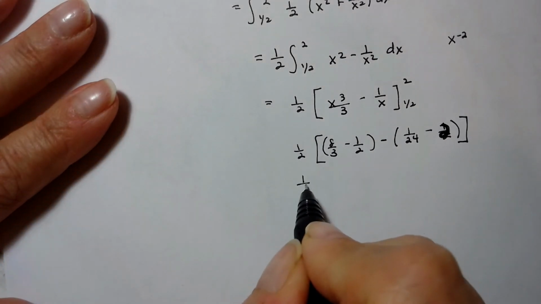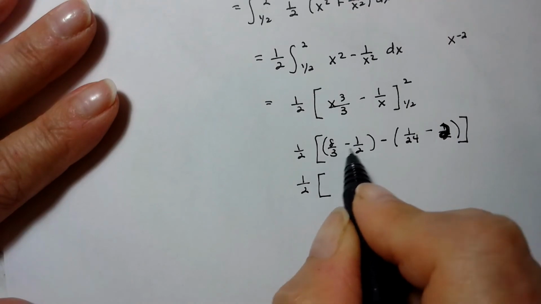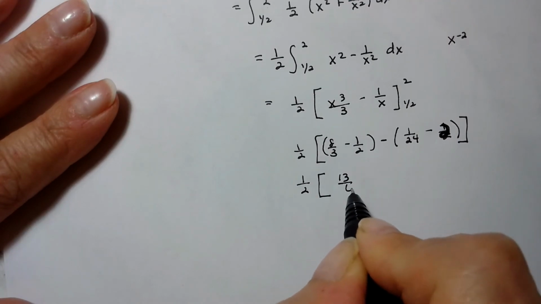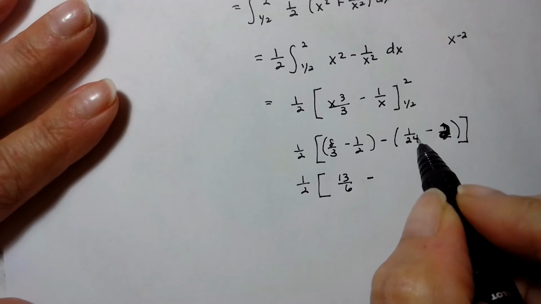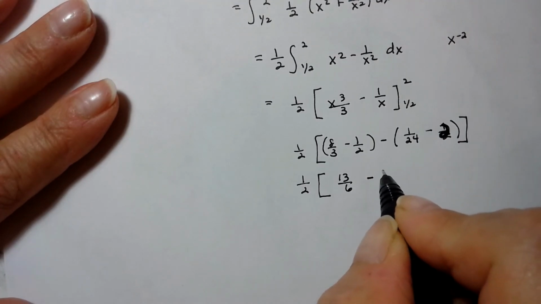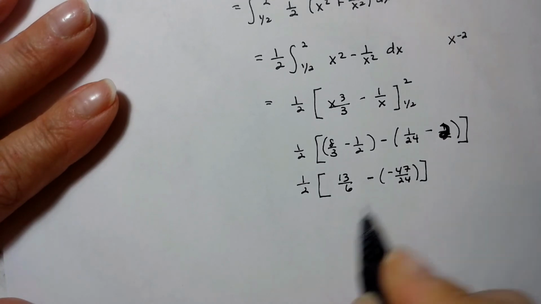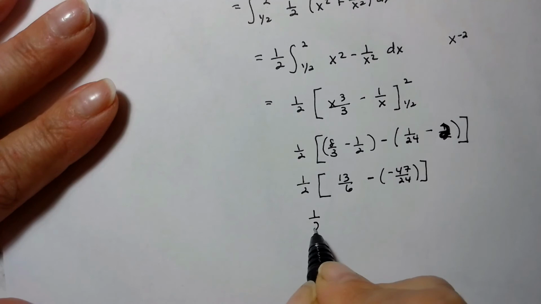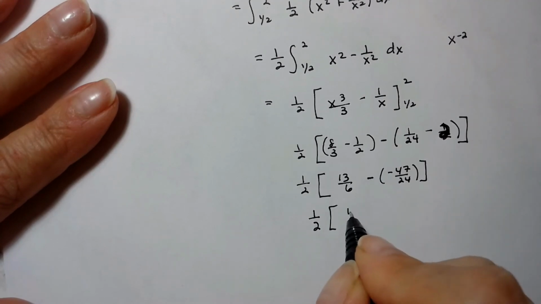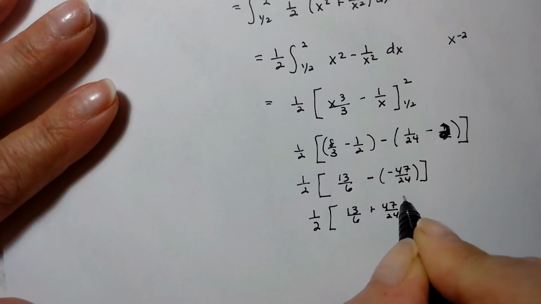So this is going to be 1/2 of, I'm just going to cross multiply these, so this is going to be 16 minus 3 is 13 over 6, minus 24 times negative 2 is negative 48, plus 1 is negative 47 over 24. This is 1/2 of 13/6 then, plus 47 over 24.